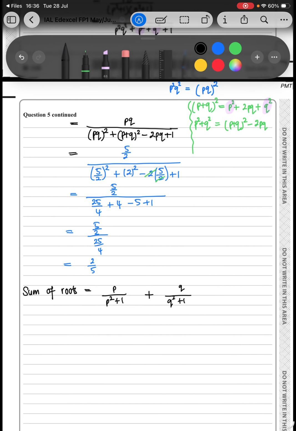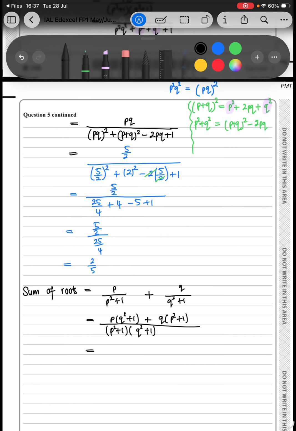Now let's do the LCM again. So p times q squared plus 1 plus q times p squared plus 1 over p squared plus 1 times q squared plus 1.